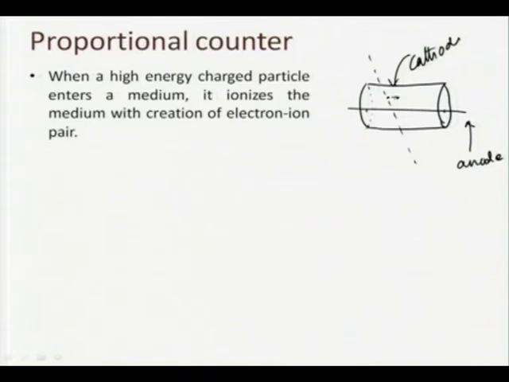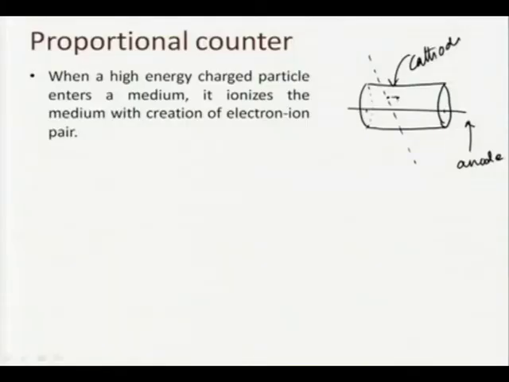Once the electron is ejected from the atom, because of the potential difference between the cathode and the anode, the electrons will be accelerated slowly towards the anode, and as they go, they pick up energy. As the energy of the electron increases, it will have enough energy to knock out electrons from other molecules or atoms of the material inside.